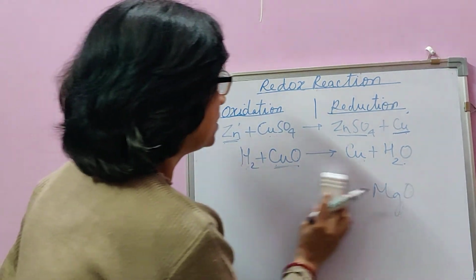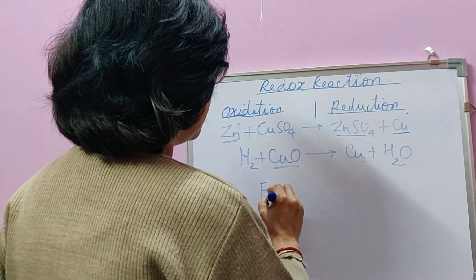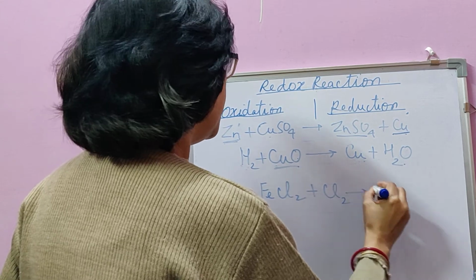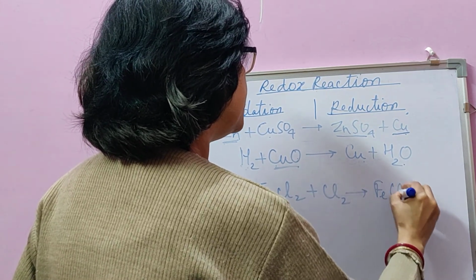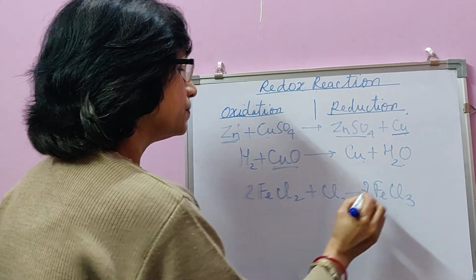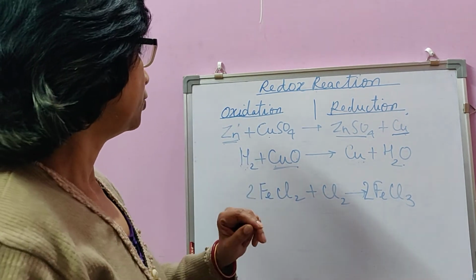I'll take one more example. FeCl2 plus Cl2 gives FeCl3. In this reaction, no oxygen or hydrogen is seen, yet it is a redox reaction. How?